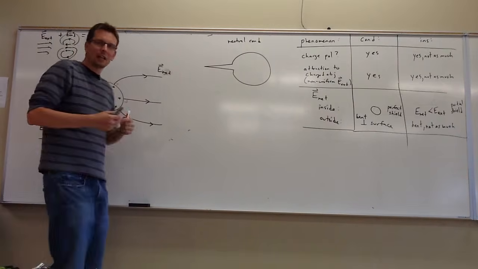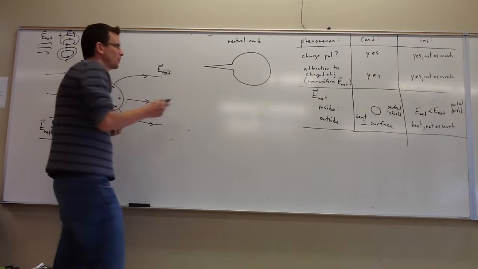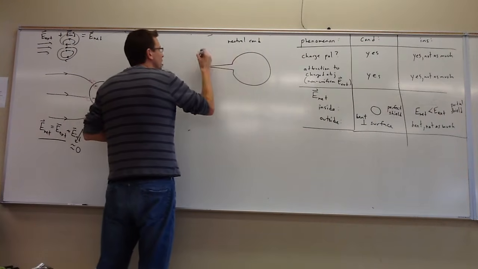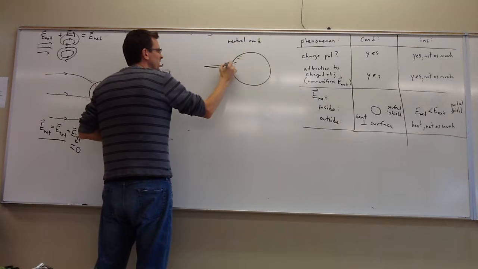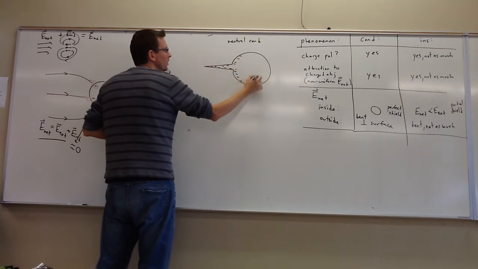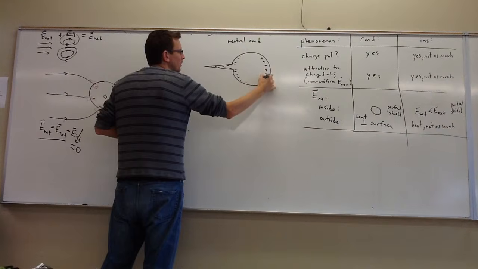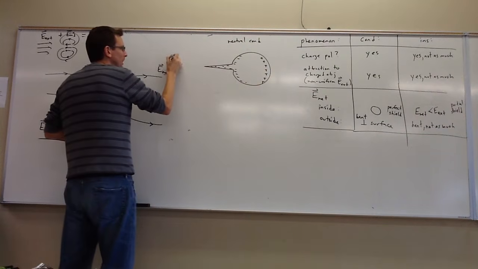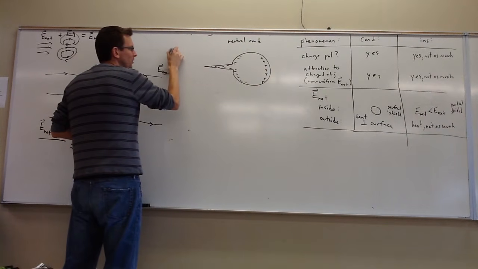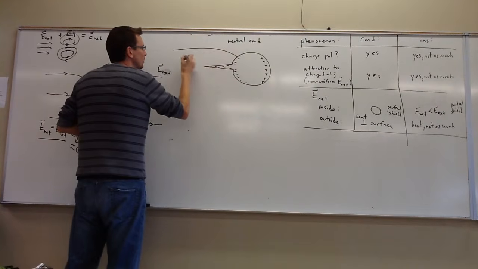So I put it in the same uniform field that points to the right. Well, the electric field lines are going to get bent perpendicular to the surface, so I'll put the charge polarization in here: minus, minus, minus, plus, plus, plus, plus, plus. And if that's going to get bent perpendicular to the surface, try to draw that.